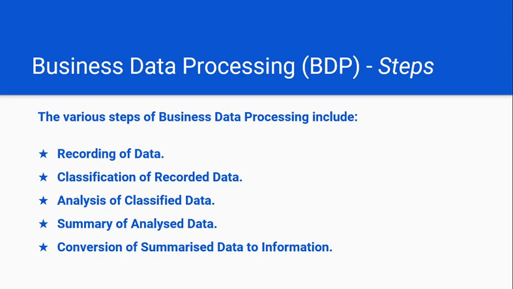That is, first the data has to be entered into the system, that is recording of data. Then the required or appropriate data are to be properly classified as per the requirement. Then those classified data are to be analyzed. And then comes the summarization of those analyzed data.